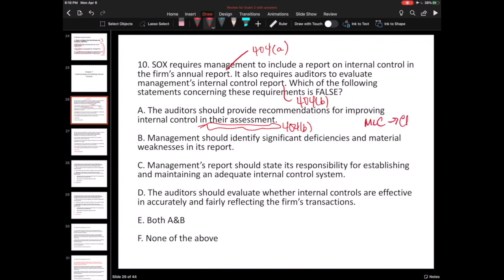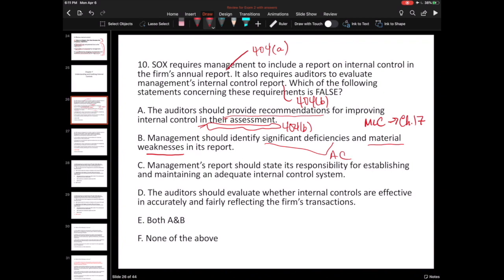We'll talk about that in chapter 17, but that is not something we have discussed yet at all, so it should not sound familiar to you. Okay. B, management should identify significant deficiencies and material weaknesses in its report. We know they have to identify MWs because those have to be publicly disclosed, but significant deficiencies only have to go to the audit committee, right?